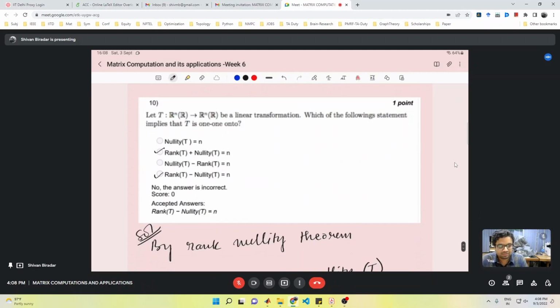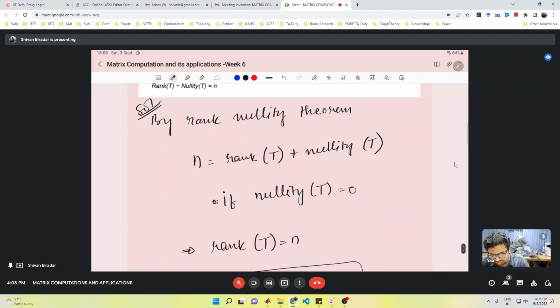So now the last question. We have a linear transformation T from Rn to Rn, and we have to check which of these following statements implies that T is 1, 1 and onto transformation. So T is a linear transformation from Rn to Rn. Okay.